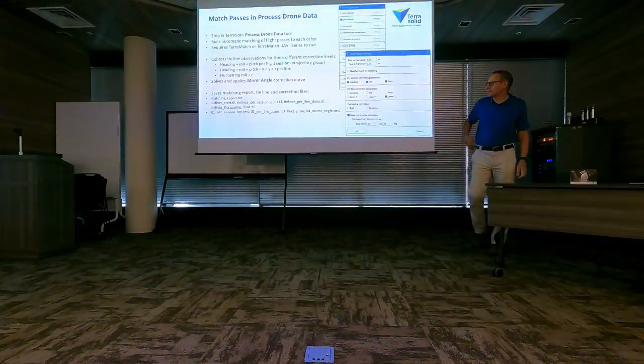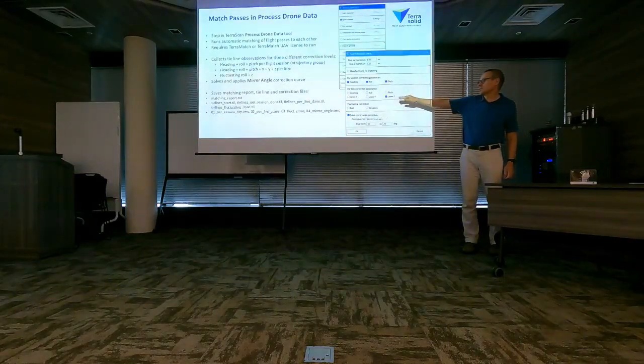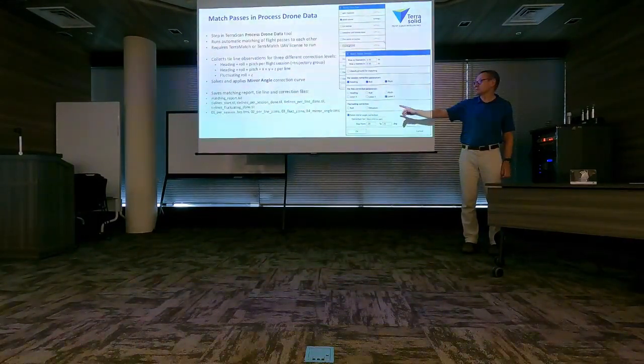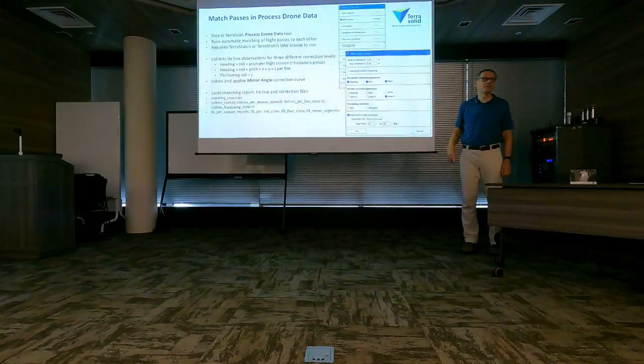For per line corrections, the default is elevation offset per line. But more recently, with every DJI L1 dataset, I have done heading, roll, and elevation offset per line.